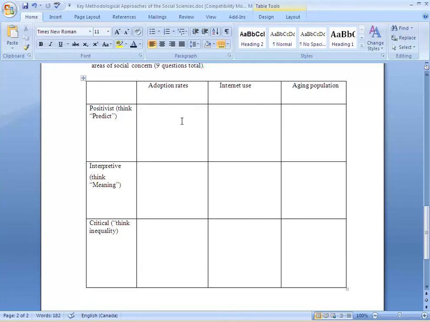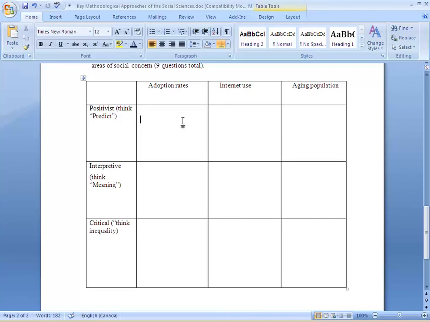So let's do adoption together. And when I say together, I guess it's just me, because this is a one-way conversation. So, adoption rates. Think, predict. Will adoption rates increase with our rising rate of infertility? So later on, of course, we'll understand that our infertility rate is increasing in Canada.